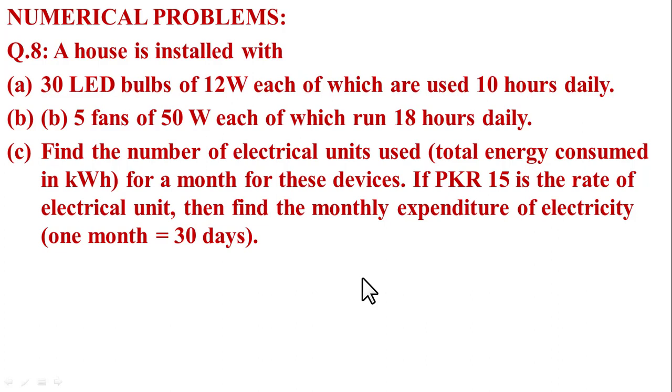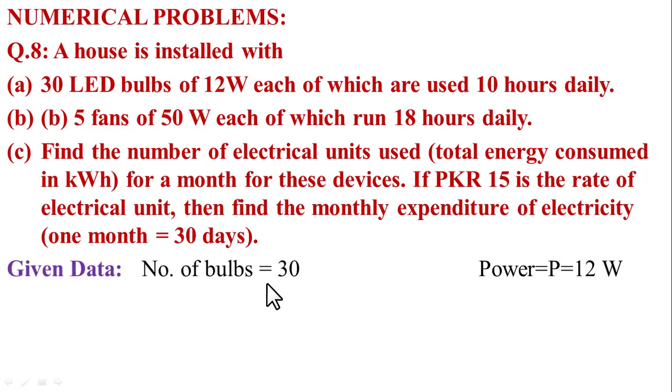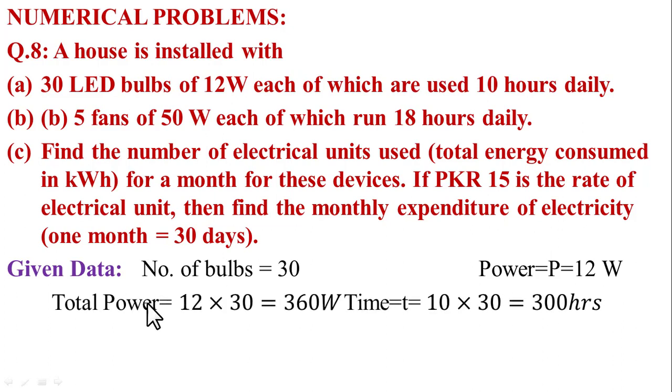First of all, according to the given statement, write the given data. Number of bulbs is equal to 30, power of bulb is equal to 12 watt, and total power of bulbs is equal to 12 multiplied by 30, that will be equal to 360 watt, and time t is equal to 10 hours daily, so in 1 month time t is equal to 10 multiplied by 30 is equal to 300 hours.